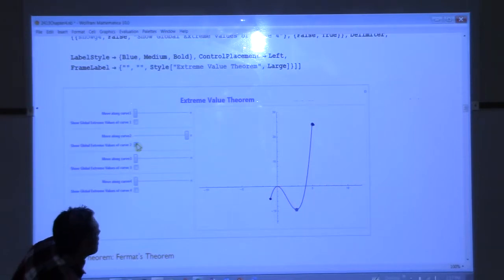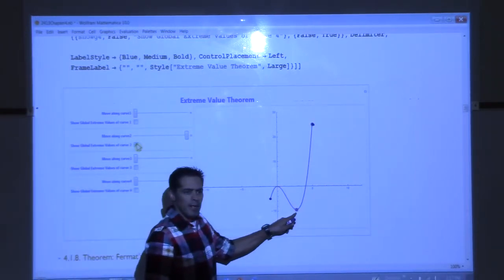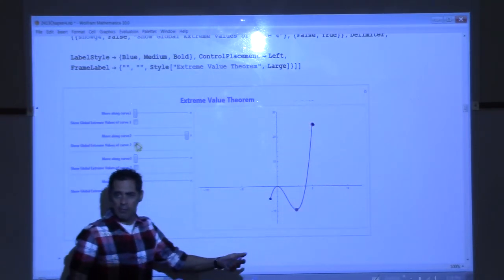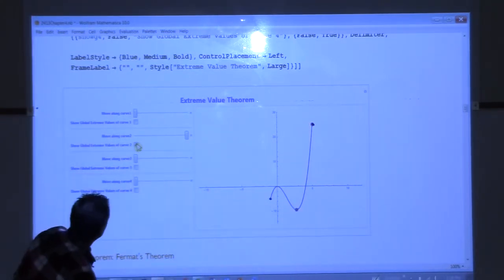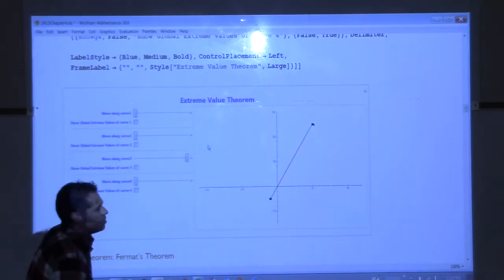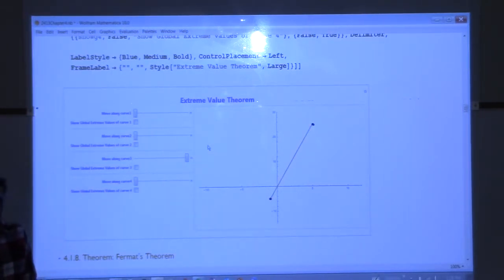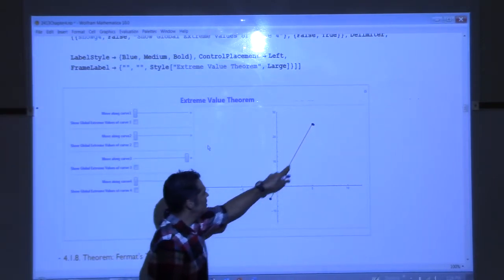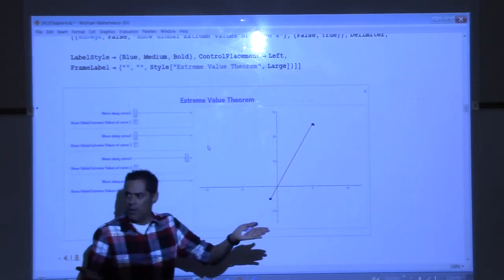This time, global min, global max, right? Is there any way to do it without getting a global min and max? So I'm sure someone's going to say, well, what about that? Just do a straight line. Global min, global max. Your endpoints are the globals, all right?